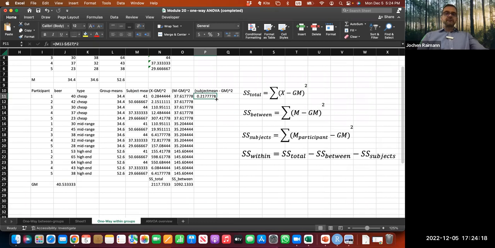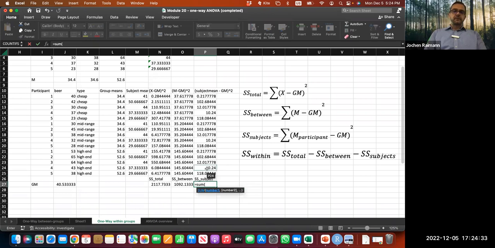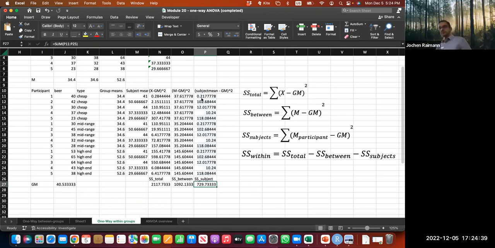There's considerably little variation, it seems, except for one individual here. Once we sum this up, we're basically getting a subject sum of squares of 729.